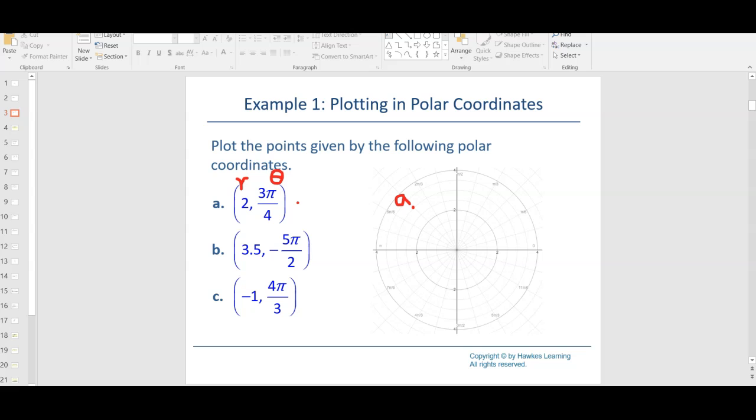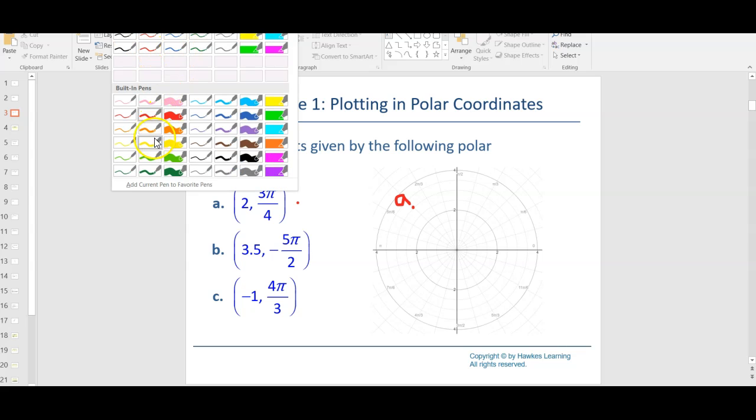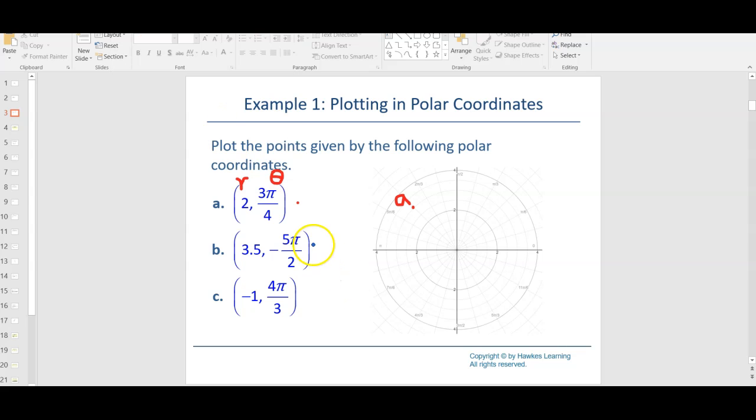All right, now I'm going to switch to a different color to do B. I'll do it blue. And it's at (3.5, -5π/2). So there's 2, 3, 3.5. Now negative 5π/2 means I'm rotating this way. Remember that. I rotate clockwise when I'm doing negative angles. 5π/2, well remember that 4π/2 is 2π, and that would be all the way around.